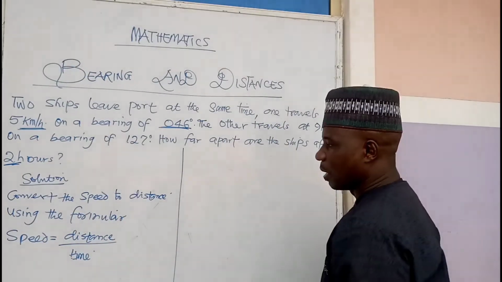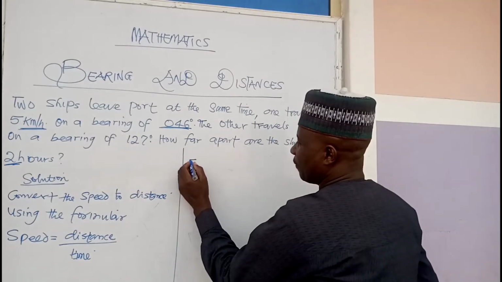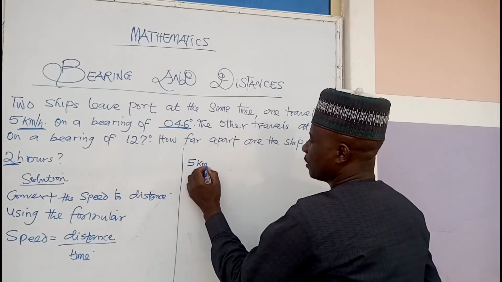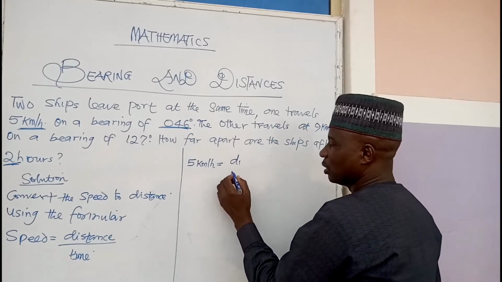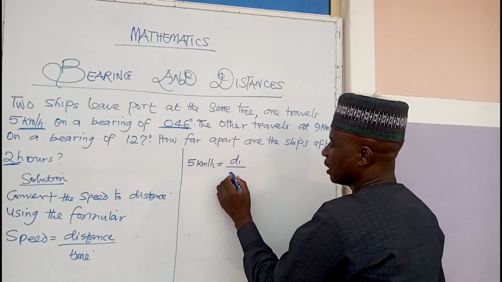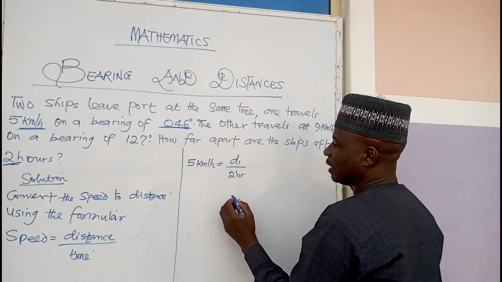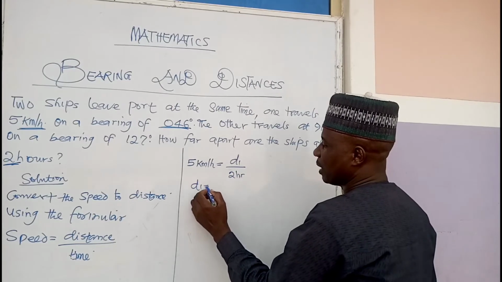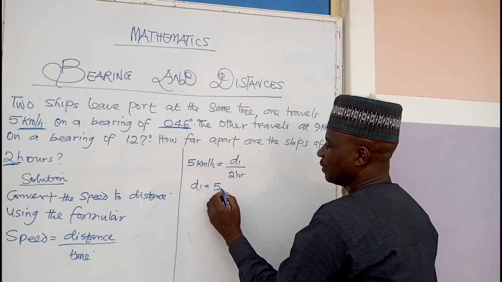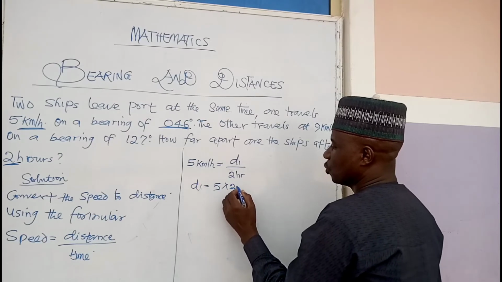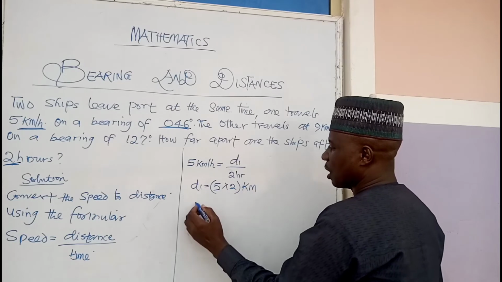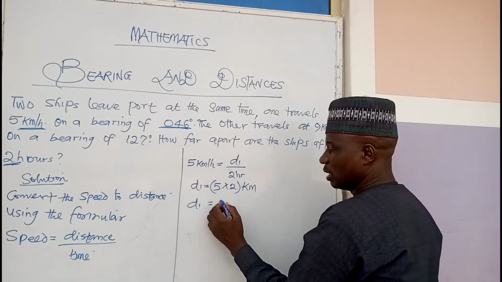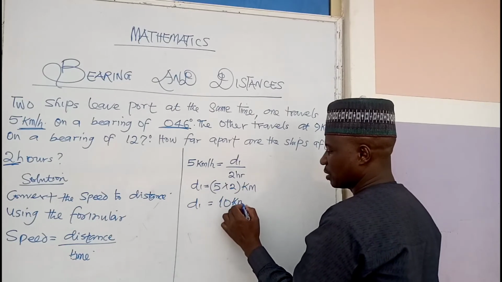So 5 kilometers per hour is equal to our distance, let it be D1, over T, after 2 hours. What's our D1, class? Our D1 is going to be 5 times 2. Everything is in kilometers. So our D1 now is equal to 10 kilometers. So we have gotten that.